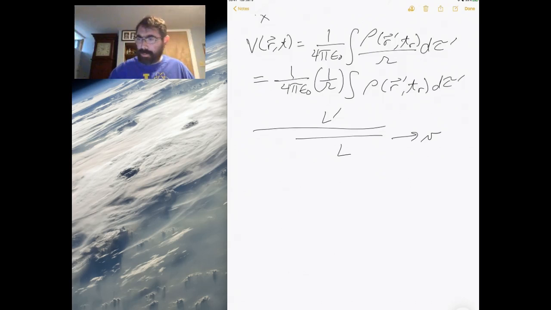And so if I look at now how my distance is being mapped out, I have this unit distance, r hat.